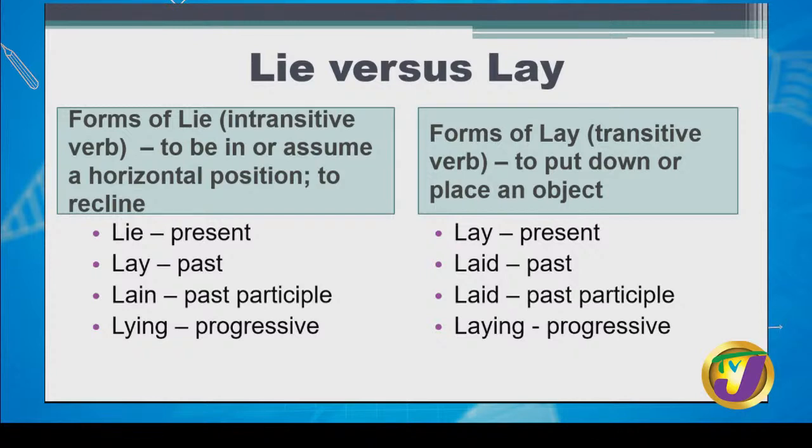And the forms it takes, lay, of course, is a present tense. And again, notice present tense of lay versus past tense of lie. So that is where the mix-up often happens. Then you have laid, laid again, and then you have laying being the progressive tense. So keep in mind, if nothing else, just remember, chickens lay eggs. Chickens are laying eggs. That way you won't forget which one to use when.